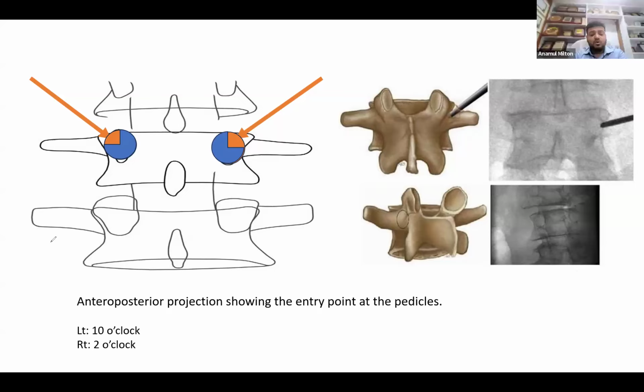So basically, we are very careful to protect the spinal cord and the exiting and traversing nerves. So our target is the superior and lateral portion of the pedicle. Hopefully this is clear why you are touching the superior and lateral portion of the pedicle.